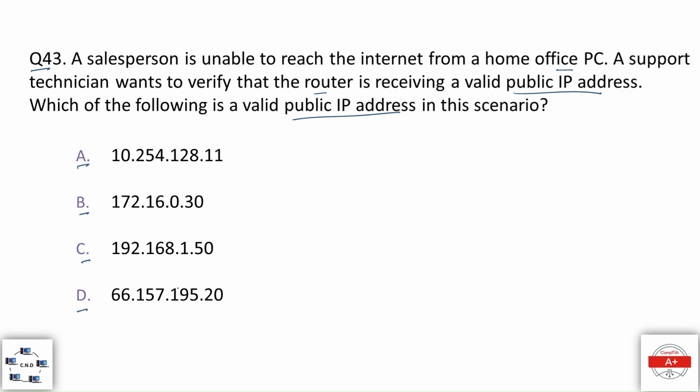And the correct option is, so we need to identify the public address, and it is in option D, 66.157.195.20. So all these others are private IP addresses.